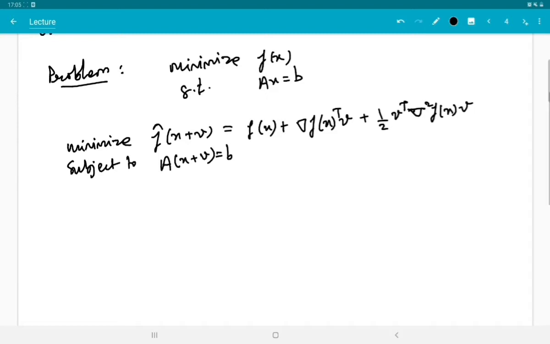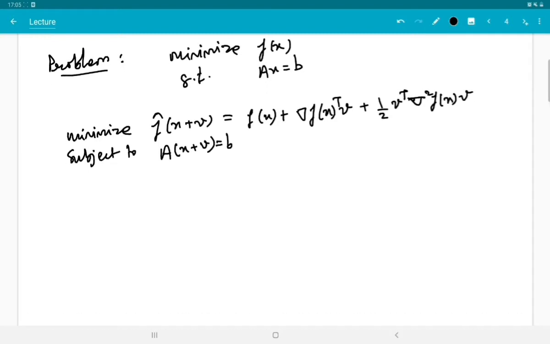So now the optimal v is the step, right? The step will be the optimal value which minimizes our function at the next step. That is the optimal step, right? So this is an optimization problem now.